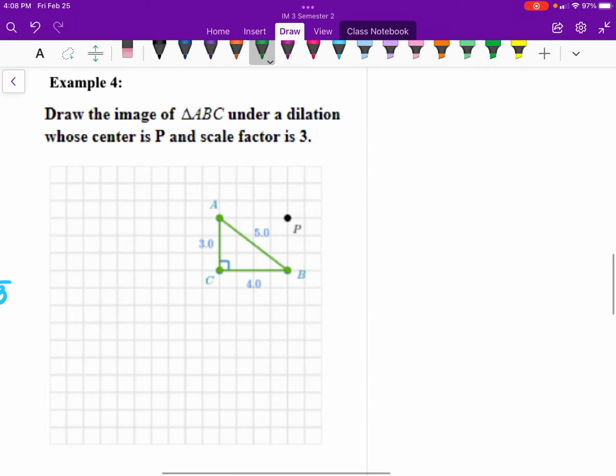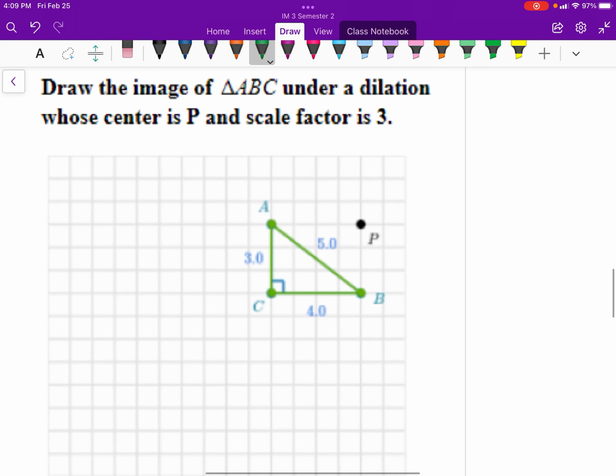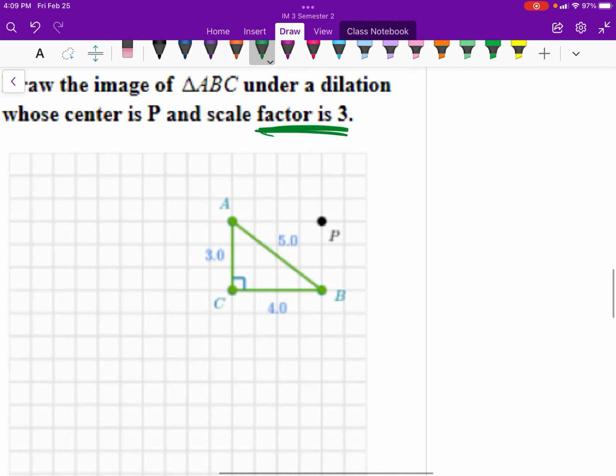So let's go ahead and take a look at this next one. In this case, we want to draw the image of triangle ABC under dilation whose center is P and scale factor is 3. So our scale factor is 3, which means we're going to count the distance. The shape is going to be growing 3 times the amount it originally was.